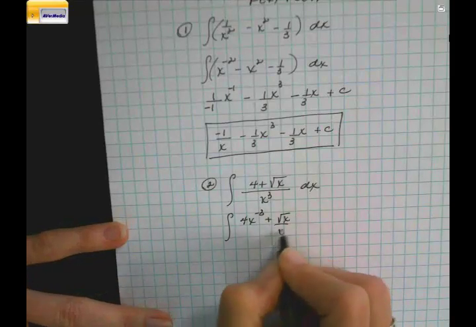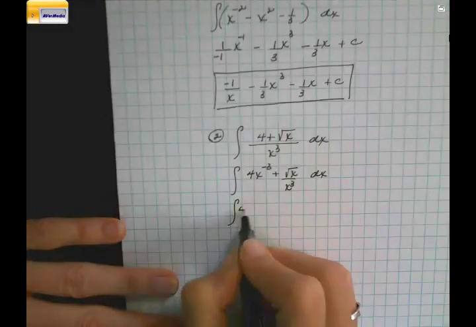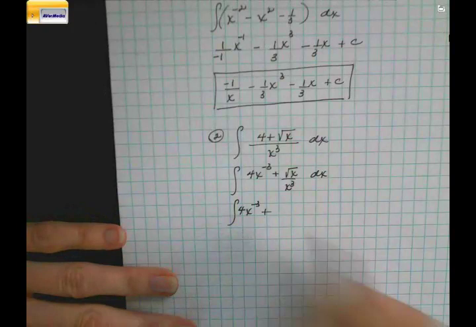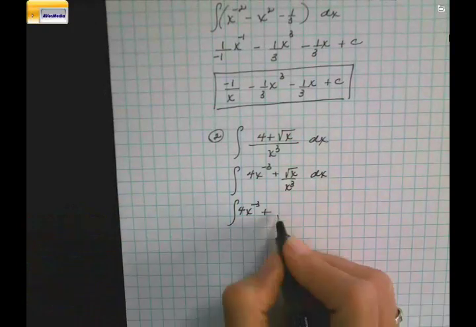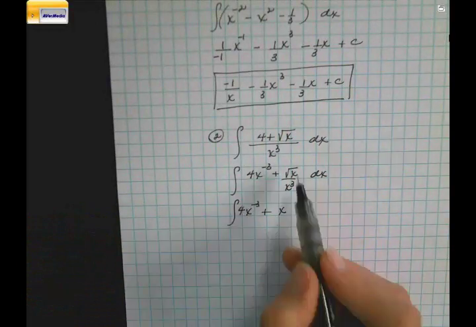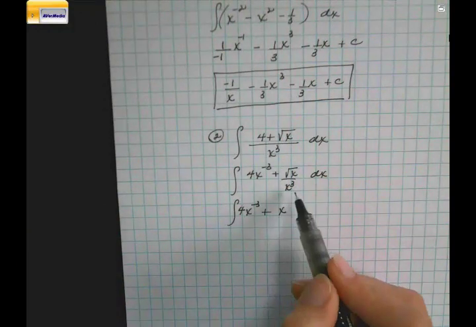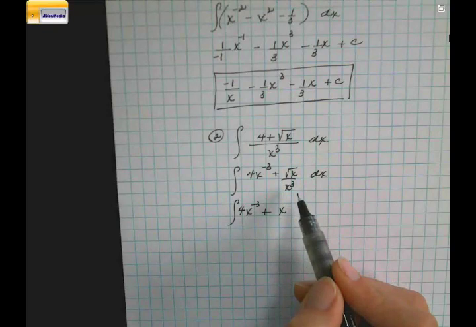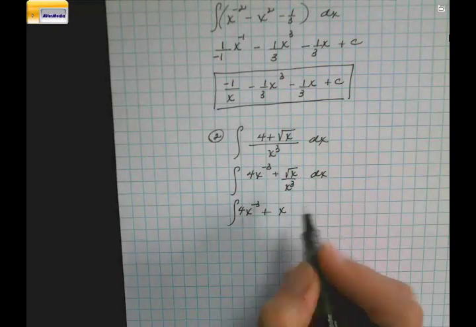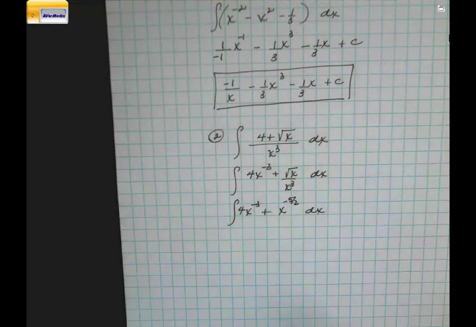I guess I'm going to have to do that. Okay, so this is 4x to the negative 3 plus what? And then a negative 5/2. This would be a 1/2 on the top minus a 6/2 on the bottom, right? A 1/2 minus a 6/2 is a negative 5/2.